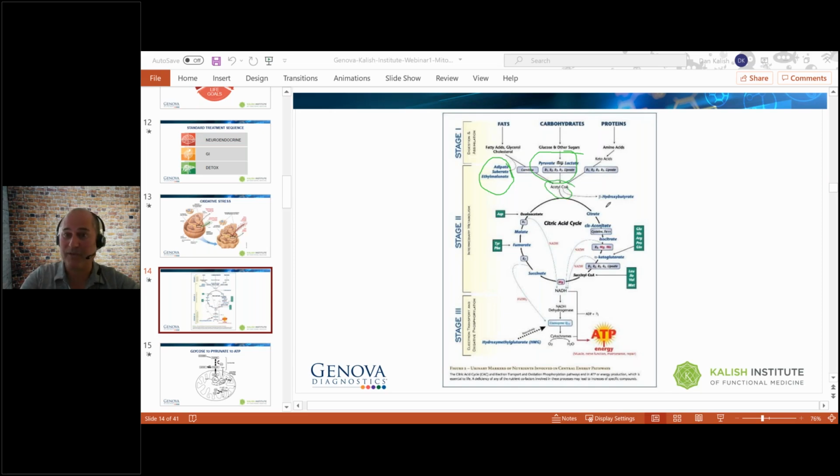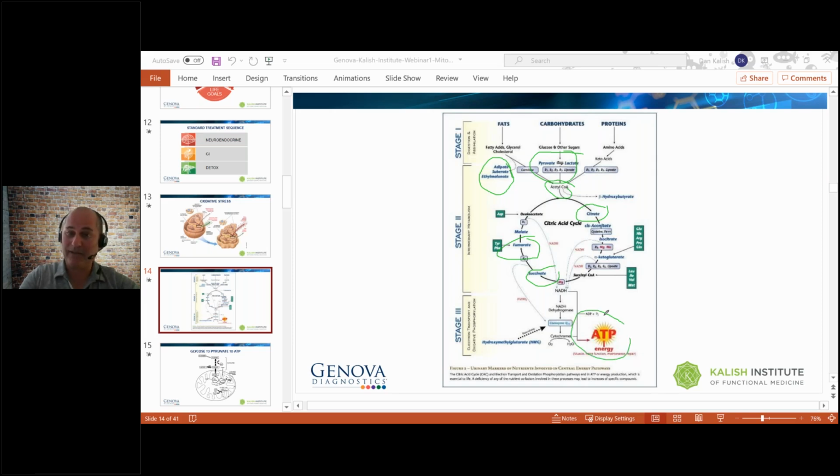You can measure citrate, succinate, fumarate, and these things really, really matter a lot for a patient who's tired, gained weight, their brain isn't working quite well, et cetera. And it's all in the effort to produce our ATP.